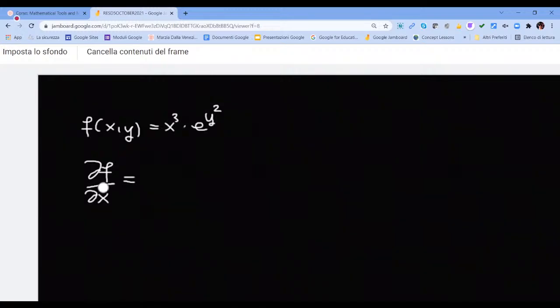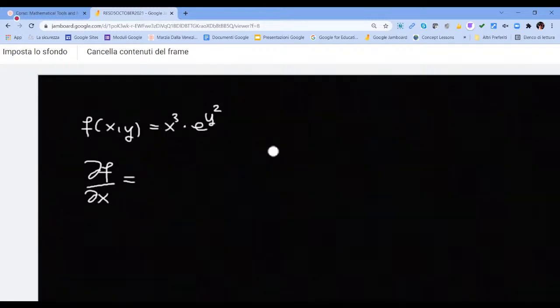So, what is the derivative with respect to x? Every time you have a product, if you want to compute the derivative, you should compute the sum of two pieces: the derivative of the first one times the second one, plus the derivative of the second one times the first one.